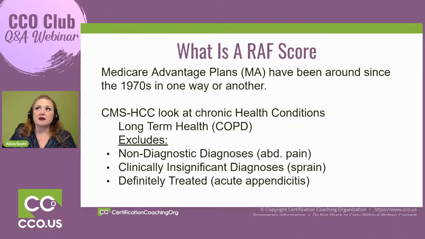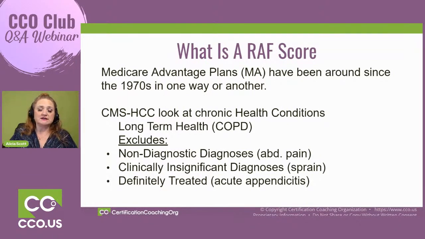And I'm trying to think of some more off the top of my head, a broken toe, or a person that has a pneumonia. That doesn't risk adjust. It goes away. A sprain goes away. And definitively treated things like acute appendicitis, because they treat it and it goes away.